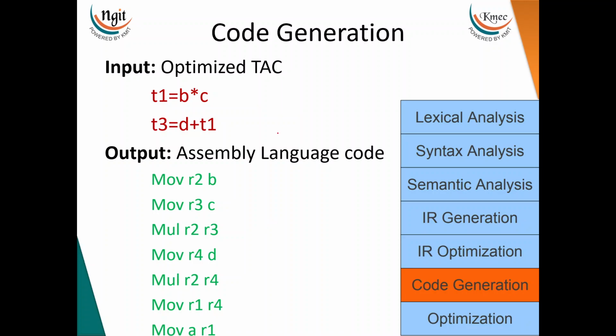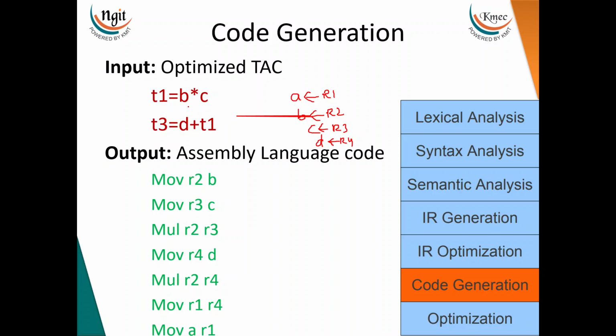See guys, as I told you, the most important thing in code generation is register allocation. We have to find the minimum number, but of course I'm not worrying about the minimum number now. So assume that A is stored in R1 and B is stored in R2. Assume that R3 is dedicated to C and R4 is dedicated to D. Generally we have to find the minimal, but okay, just go for it.